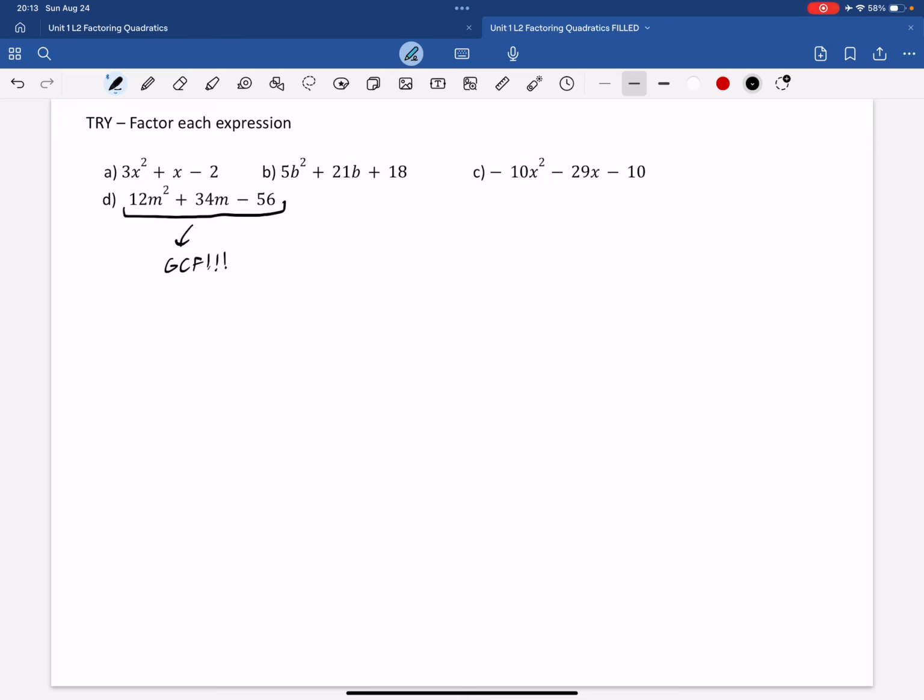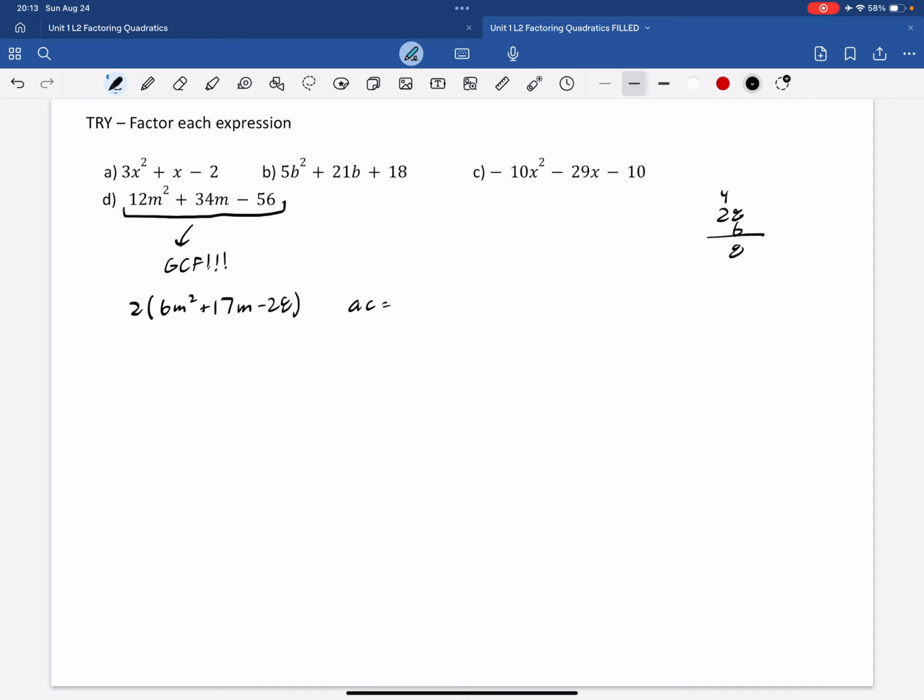So if we look at 12, 34, and 56, they all have a 2, okay? And that might not look like it's a huge help, but what it will do is reduce what our AC is. Okay, so now AC is going to be 6 times 28.